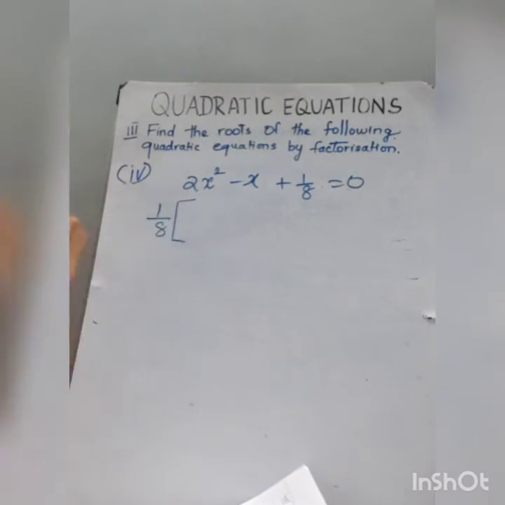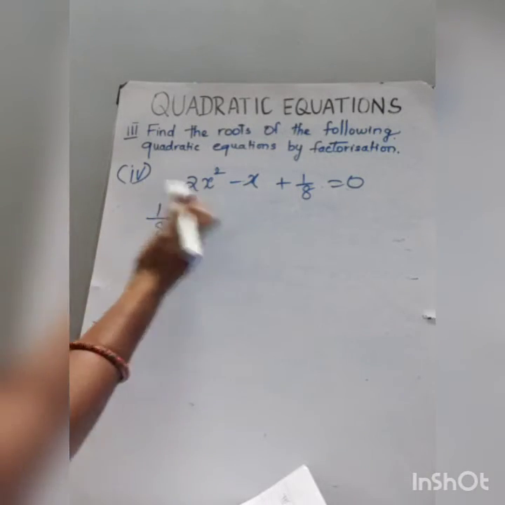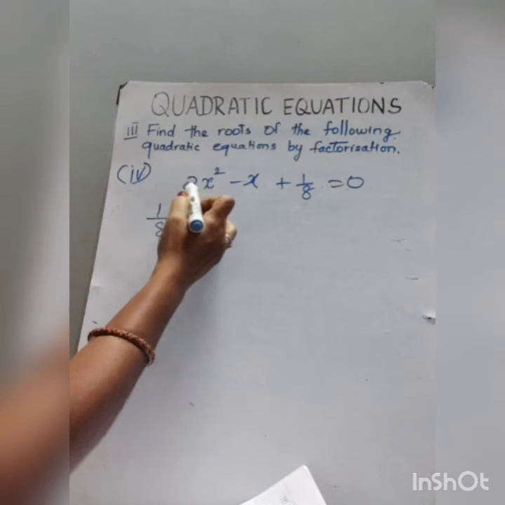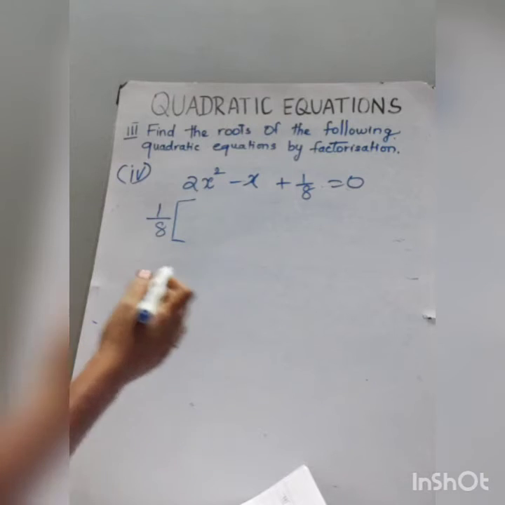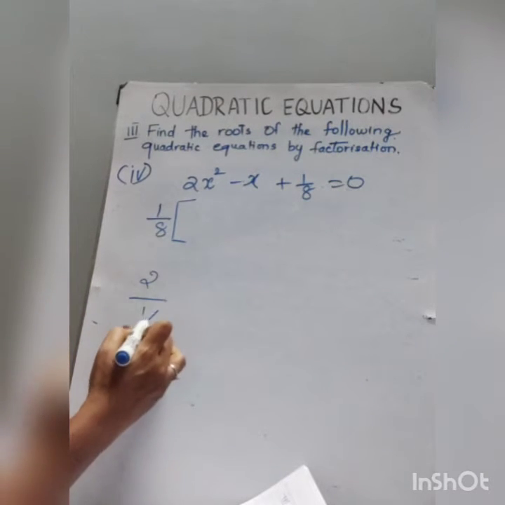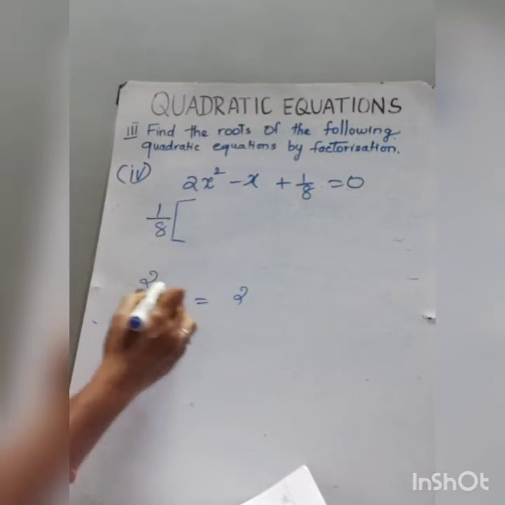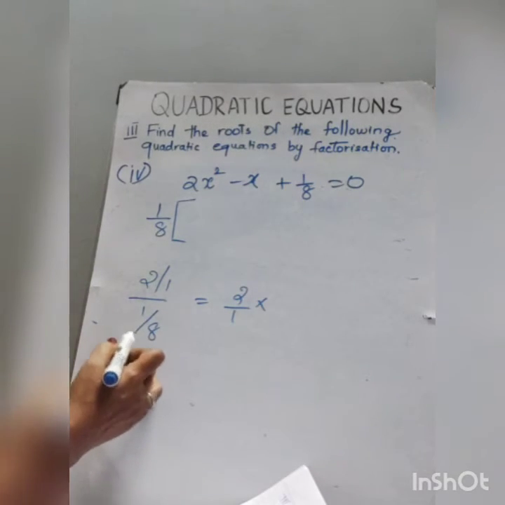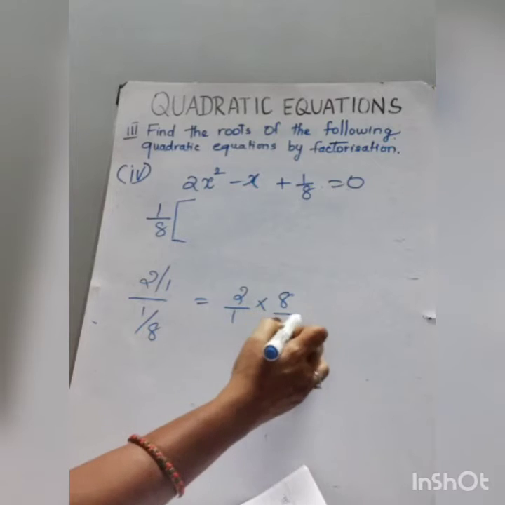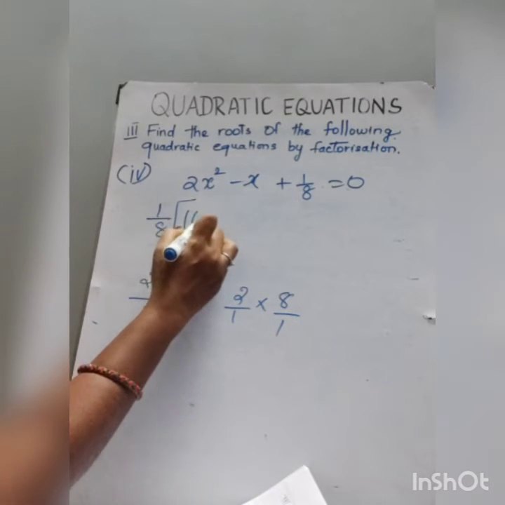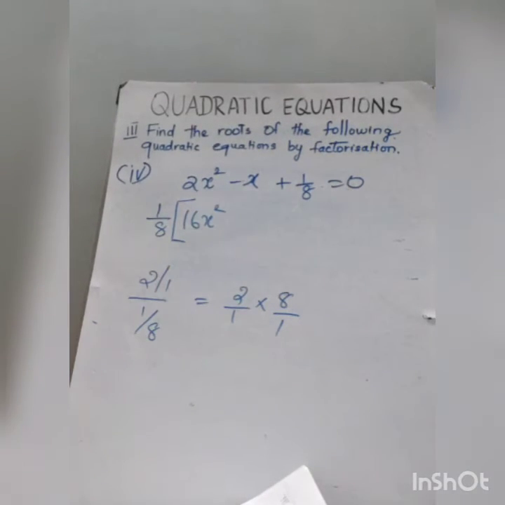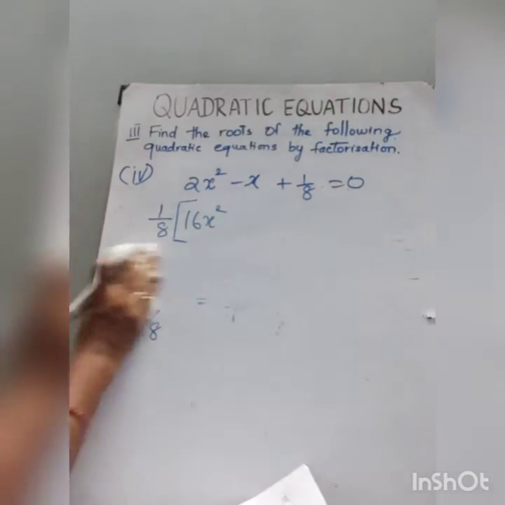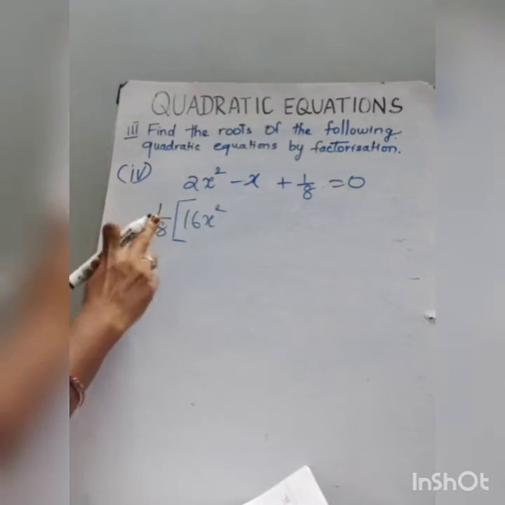If I take 1 by 8 outside, that is nothing but dividing the number by 1 by 8. 2 divided by 1 by 8 is nothing but, I can write 2 as 2 by 1, and 1 by 8 when you multiply becomes 8 by 1. So this is 16x square. Similarly, I am taking 1 by 8 outside.